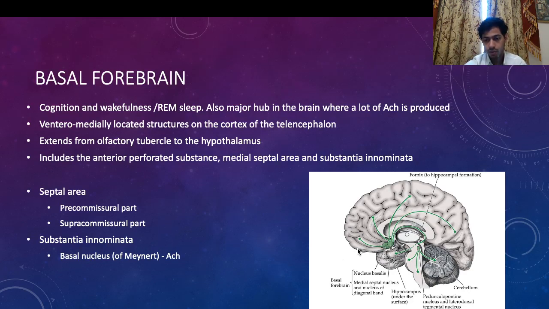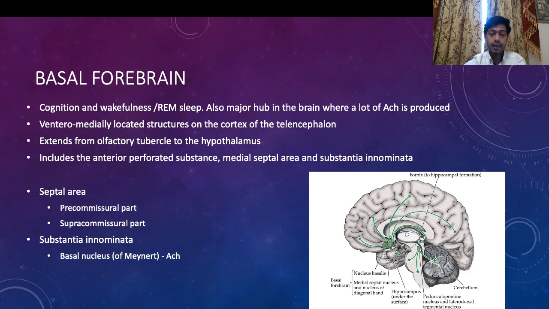So I haven't really mentioned it in these slides, but the olfactory bulb is a very important part of the telencephalon, but it's not really mentioned too much in your books. But the olfactory bulb would usually be just inferior to it here. So this is what I mean when I say it's an extension from the olfactory tubercle to the hypothalamus.